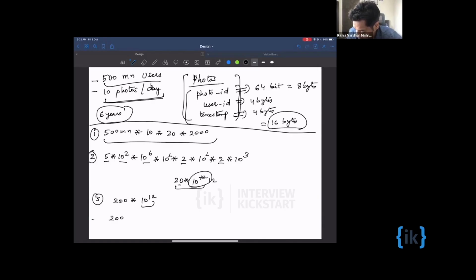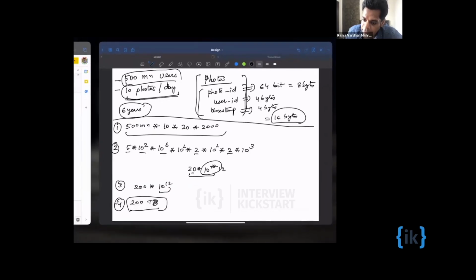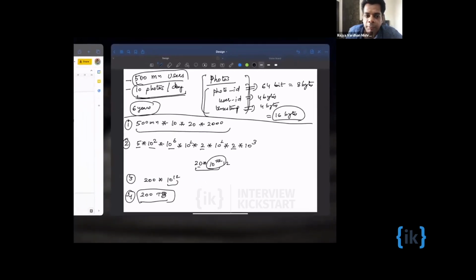So my answer becomes 200 terabytes. So just to store the metadata for 500 million users who are uploading 10 photos per day, for 6 years, I need to have 200 terabytes. Yeah, we will talk about 70% usage and replication. I am taking gradual steps here.